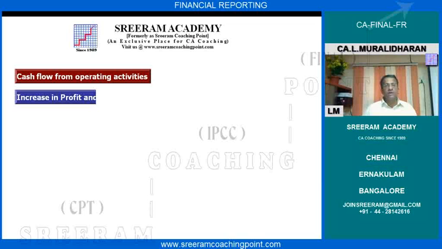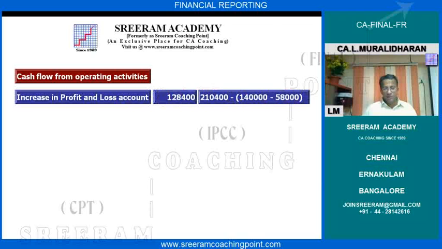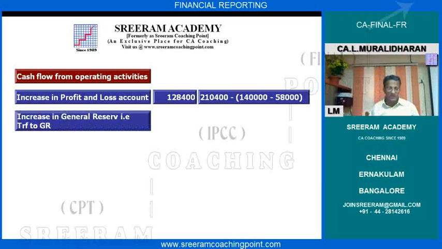Cash flow from operating activities: increase in profit and loss account. That's how we have got 2,10,400 at the end, minus 1,40,000 rupees at the beginning, and from there we are deducting 58,000 rupees. This 58,000 is on account of dividend paid for the last year, paid by the group as a whole. So this is the real increase that took place.